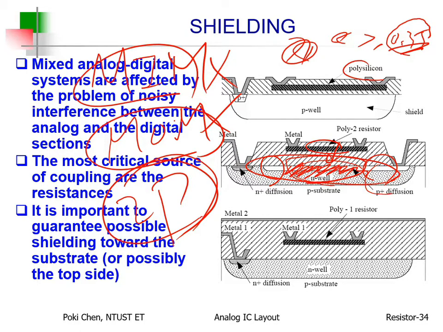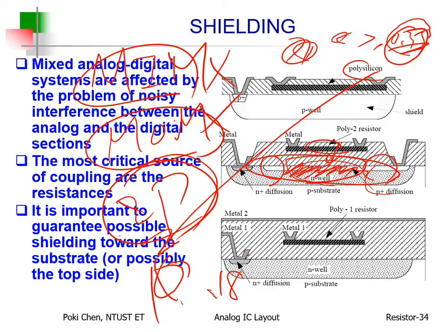Nowadays, I don't think you have any kind of process with double poly unless you go back to use 0.35 micron process. Otherwise, totally impossible. You have single poly. For example, how about 0.80 micron? We call it 1P6M. It means single poly, then 6 metal layers.